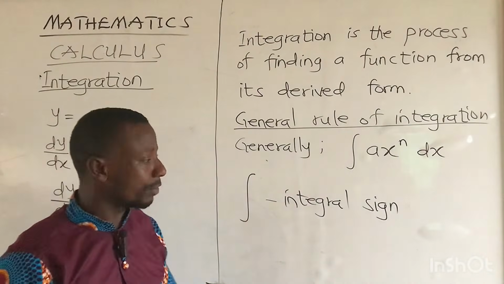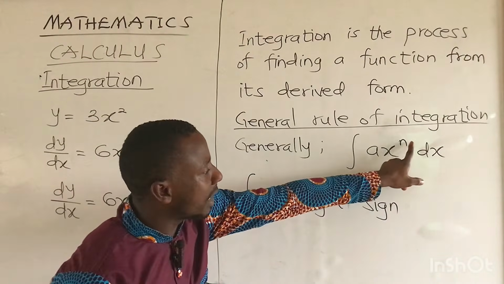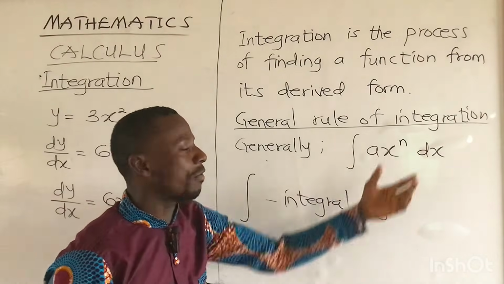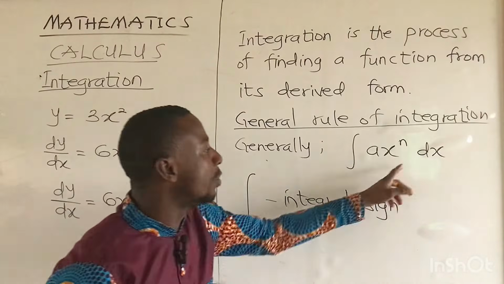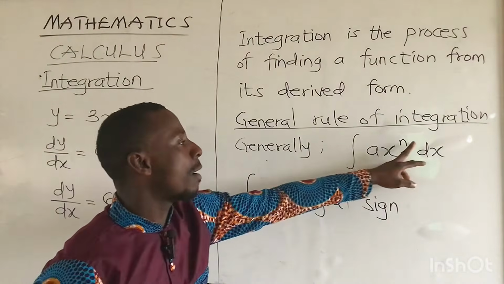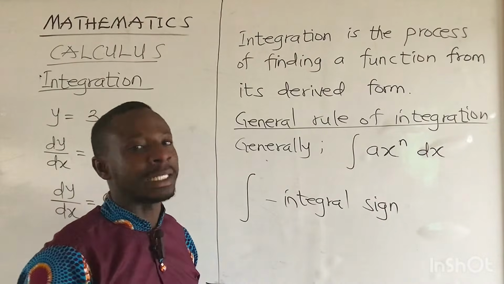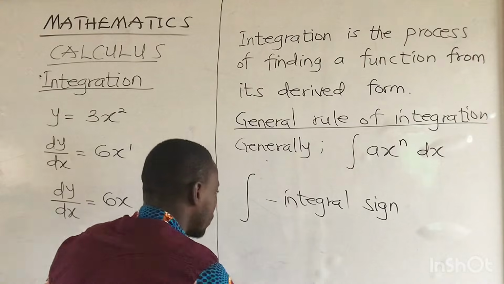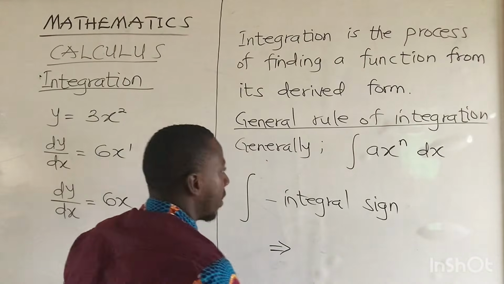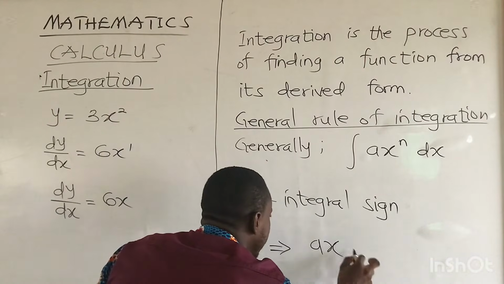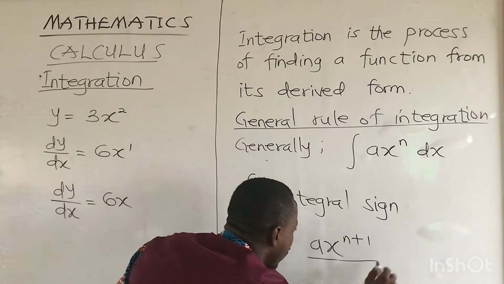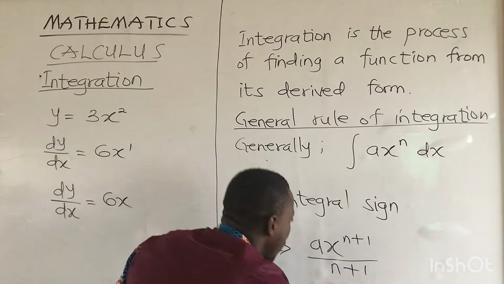It's very simple. The exponent here, you first of all add 1 to the exponent. After adding 1, then you divide the whole function by the exponent you had. So let's look at how it is done. We have ax exponent n plus 1 all over n plus 1.